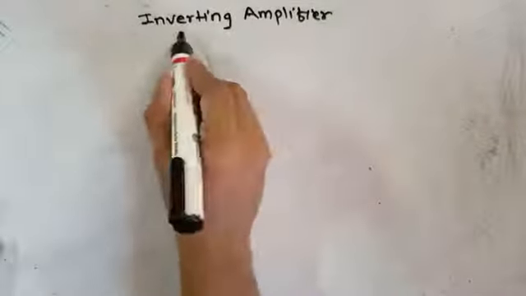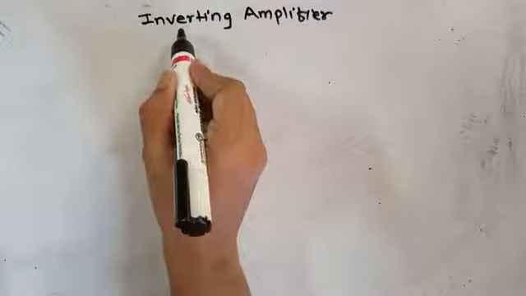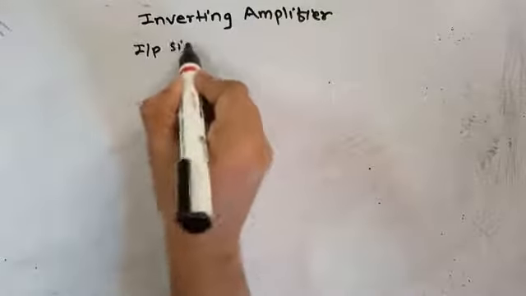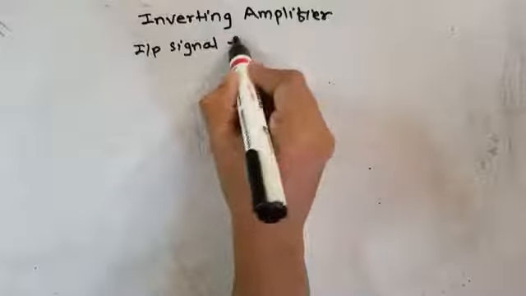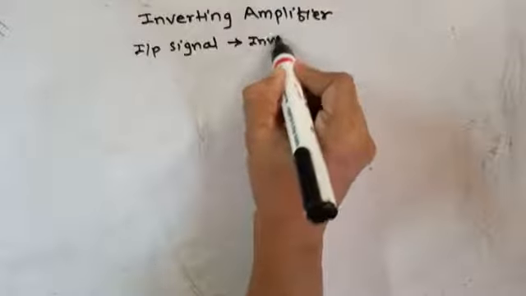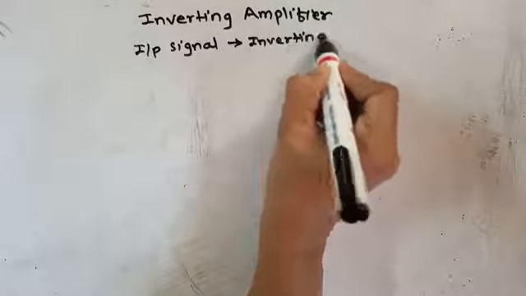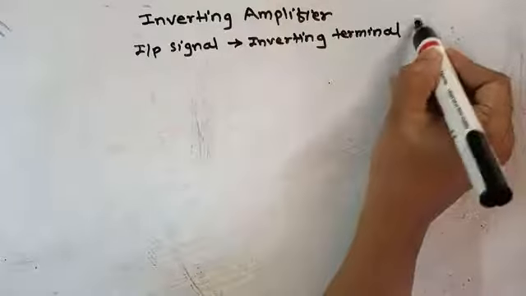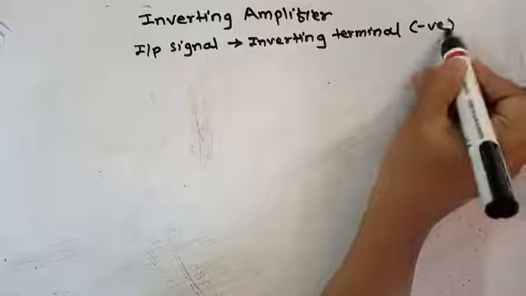Inverting amplifier. The input signal is connected to the inverting terminal of the op-amp. The inverting terminal of the op-amp is the negative terminal of the op-amp.